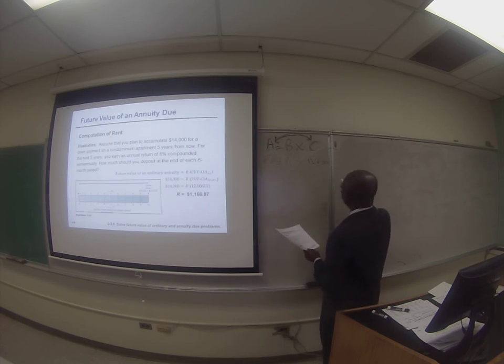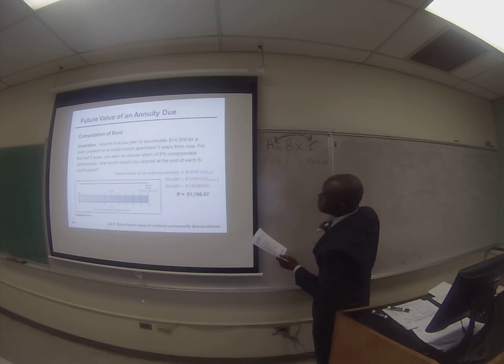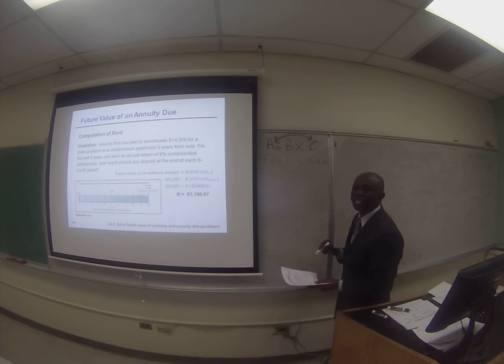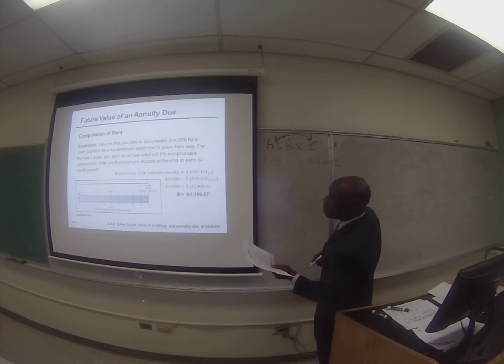What is the interest? The interest is 4%. Why 4%? Because interest is going to be compounded semi-annually. It's 8%. We divide that by 2. That gives us 4%. Then, what else do we have? For how many years? How much should you deposit at the end of each 6-month period?